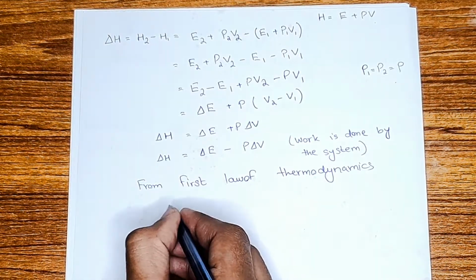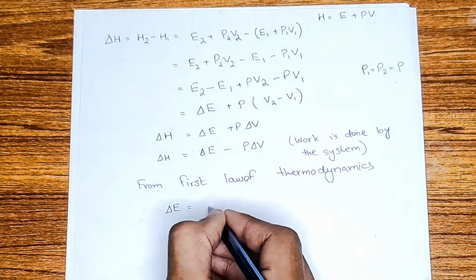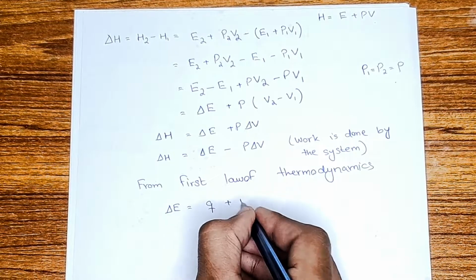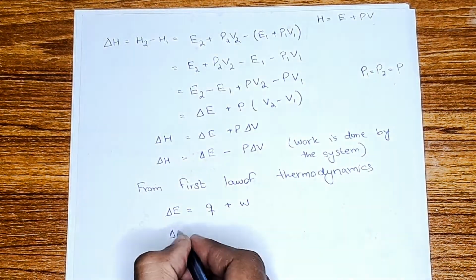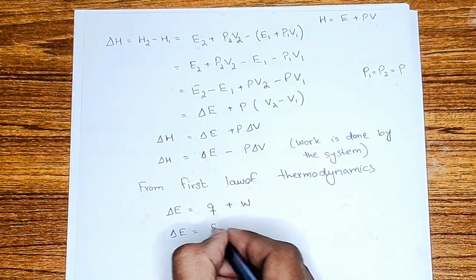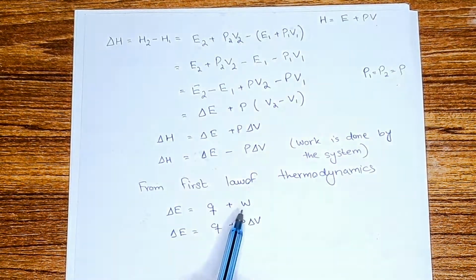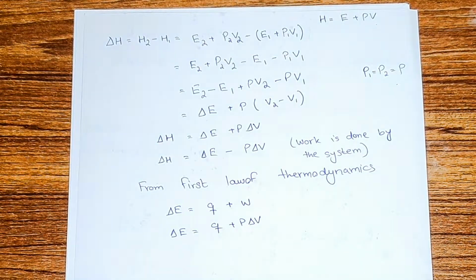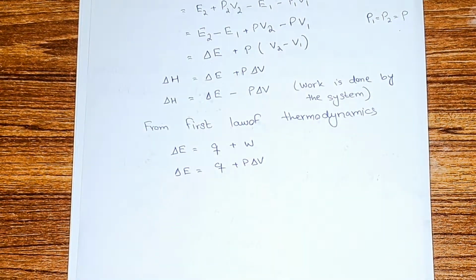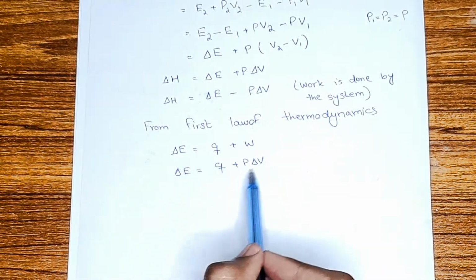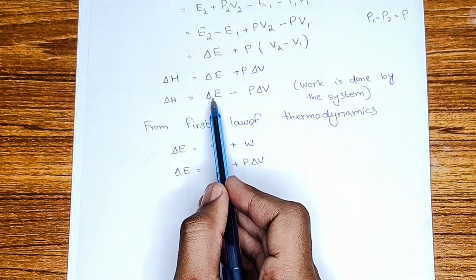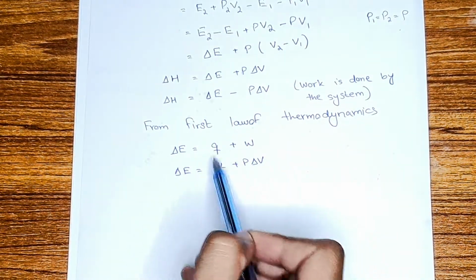You know that change in energy is equal to heat plus work done, and work done is taken to be equal to P delta V. So this here is the work done in case of the first law of thermodynamics. So now you just have to plug in this value of delta E here.